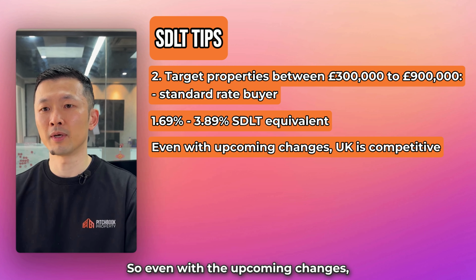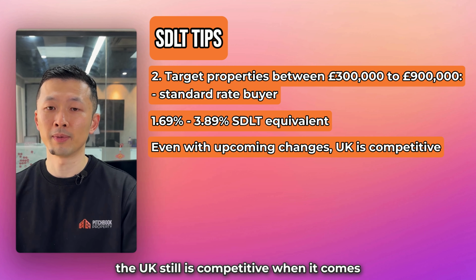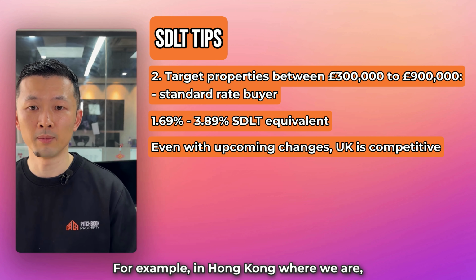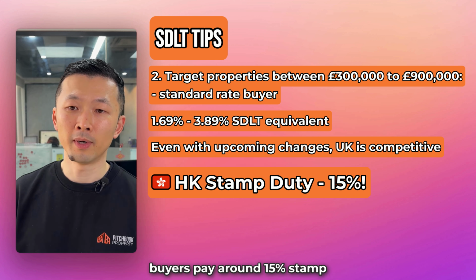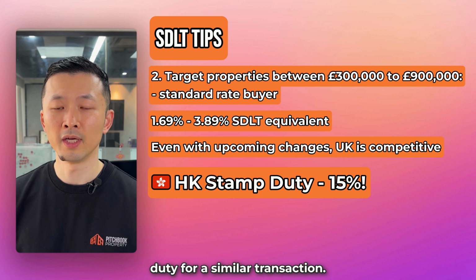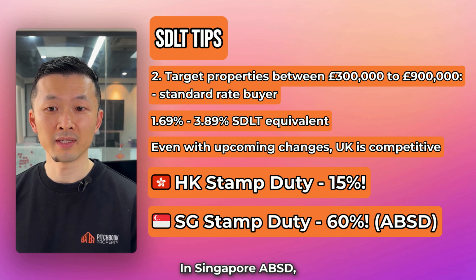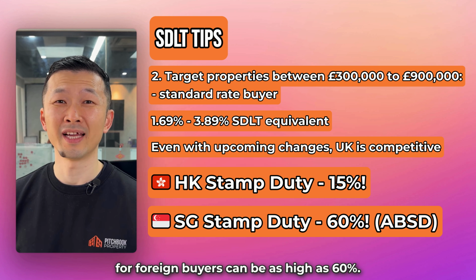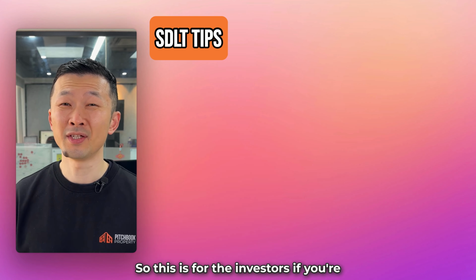So even with the upcoming changes, the UK still is competitive when it comes to stamp duty compared to other countries. For example, in Hong Kong, where we are, buyers pay around 15% stamp duty for a similar transaction. In Singapore, ABSD, which is additional buyer's stamp duty, for foreign buyers can be as high as 60%.